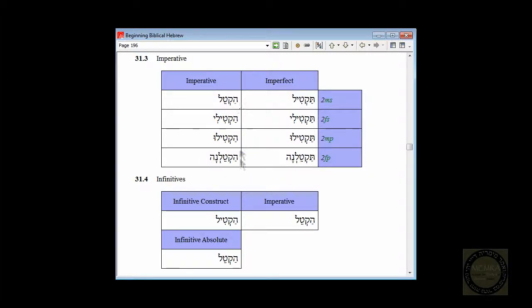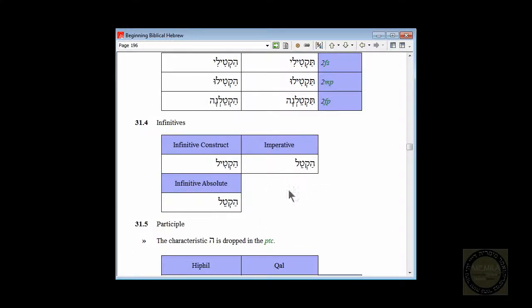So if you see ha with your verb lemma, that's going to be a hifil imperative, and again you've got to watch your endings here. It could also, look down here, be a hifil infinitive construct or absolute. Now, the infinitive absolute here, you notice, is identical to the imperative. So if you see ha with hirik yod, that will be a hifil infinitive construct.